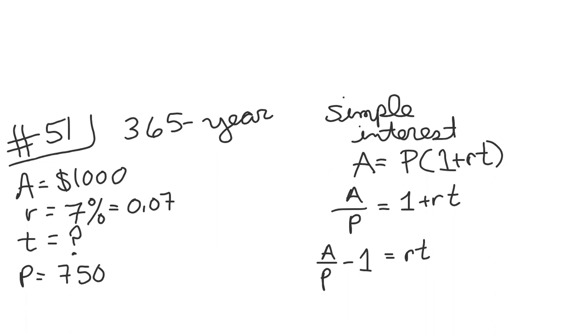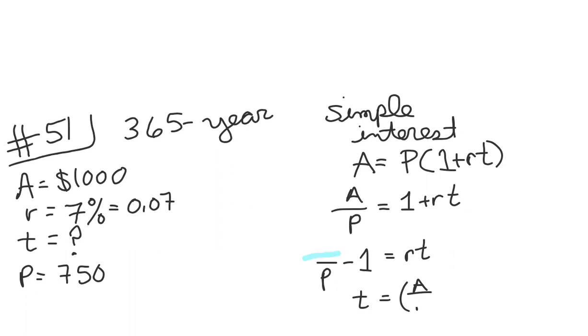And so in the end, we would have a t that equals A divided by P minus 1, which itself then is divided by r, right? So that was just solving for t first. We could have, of course, stuck all the numbers in here and then solved, right? Which is fine.